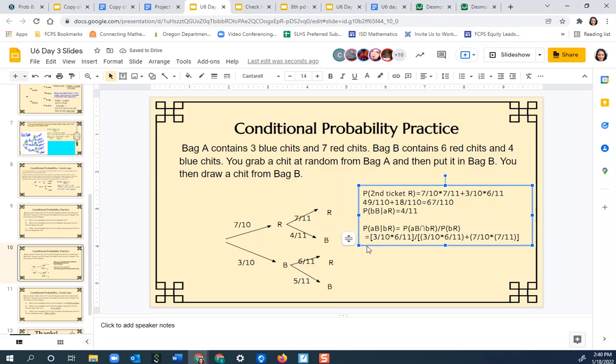Okay, so on the numerator, we have just this one way. In the denominator, we have 2 ways. I do believe Desmos will do some of this math for us. Actually, they'll probably do it all for us. Let's try it.